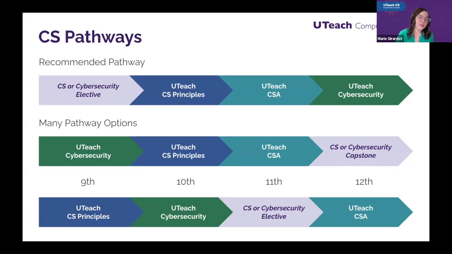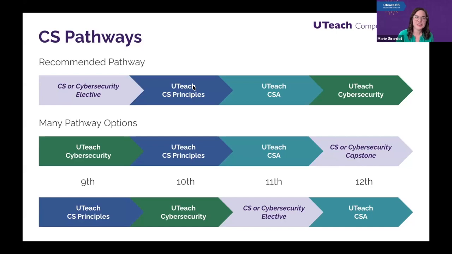With the information that we have from College Board and from our curriculum as well, there's not necessarily any hard prerequisites for AP cybersecurity. So you can also offer it before your CS courses, offer it first and then have students jump into AP CS Principles and AP CSA. The one you really want to make sure of is CSA should never be the first course in the sequence.